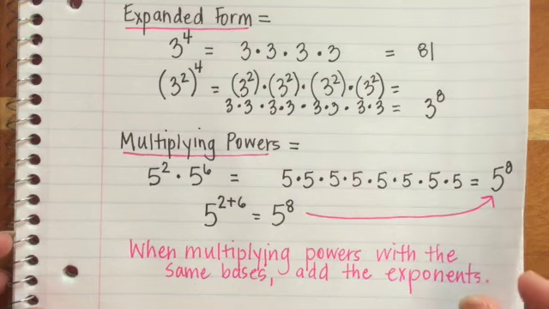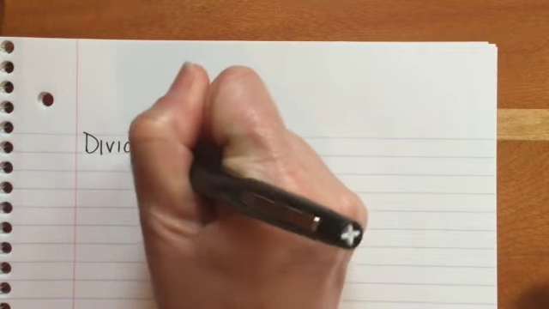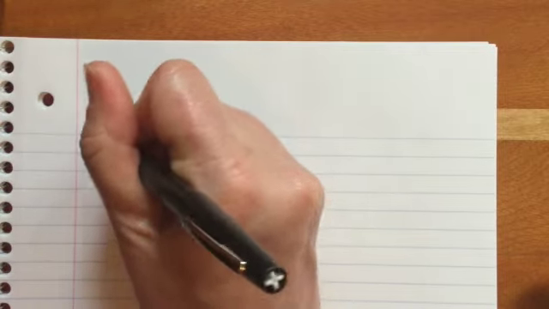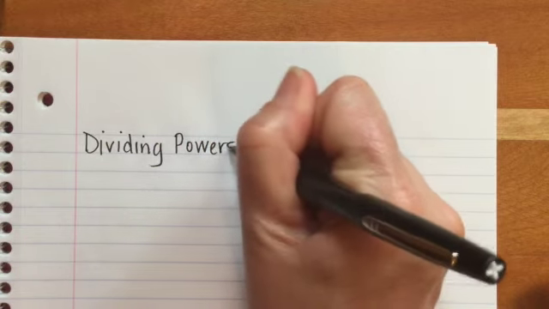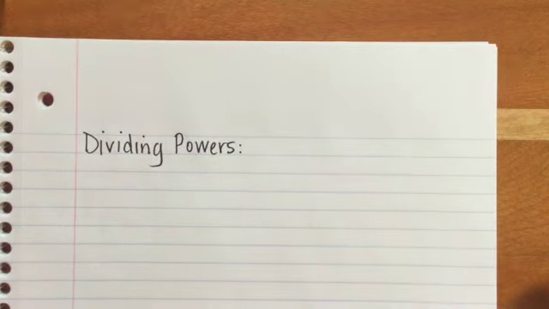And I'm actually going to turn my page here, and let's talk about that. Let's talk about if I am dividing powers. So let's go back and use that same setup, right?